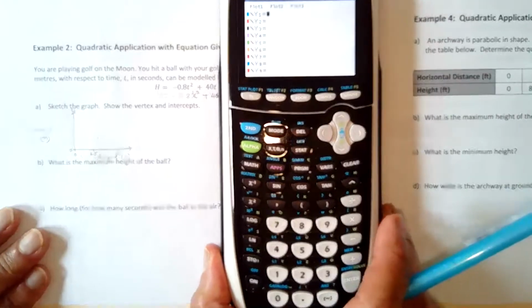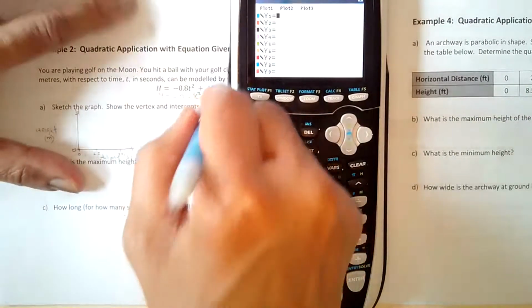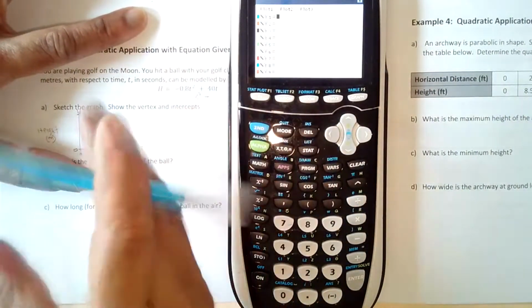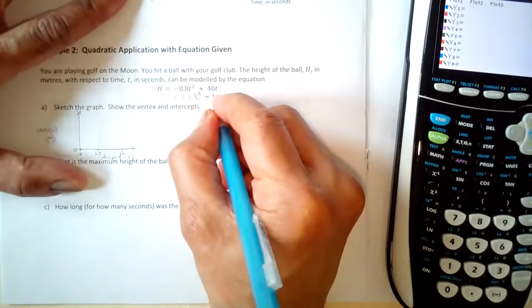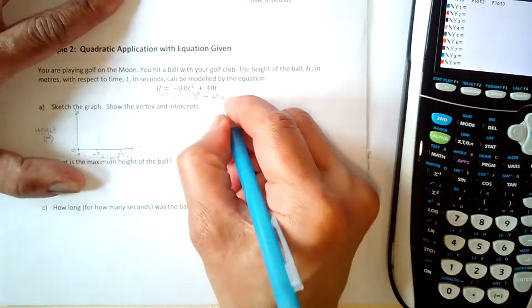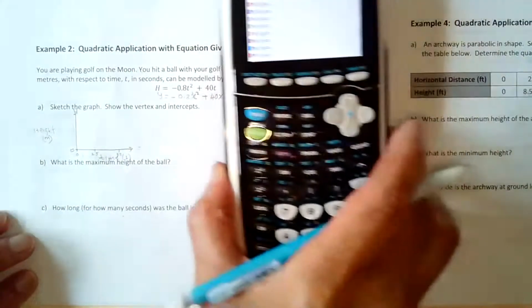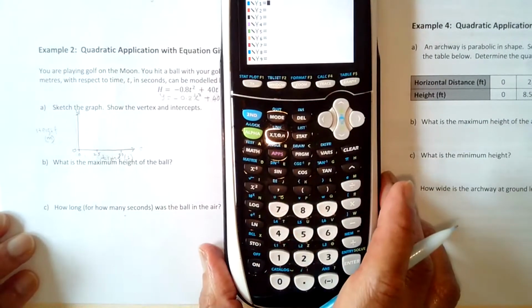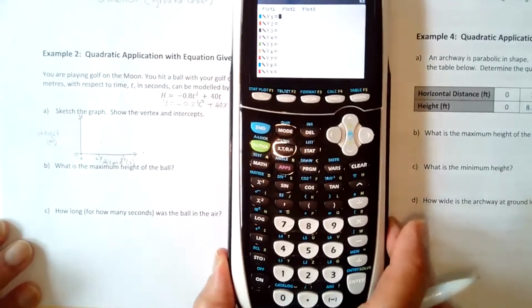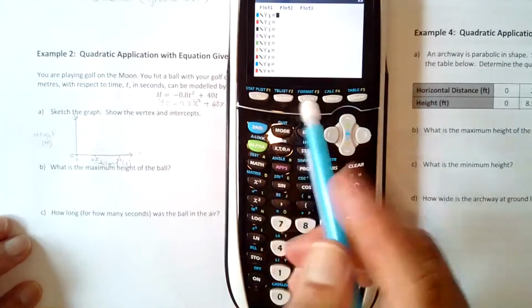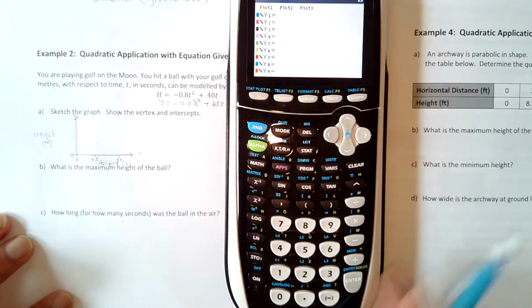Okay, so I'll start off. Okay, make sure I put this all 40x. Okay, so y is equal to negative. Remember, use your negative button here.